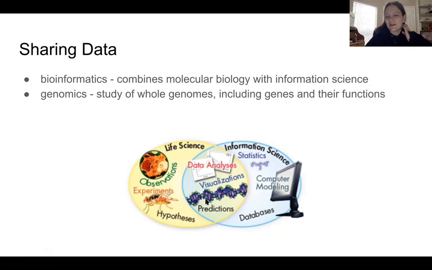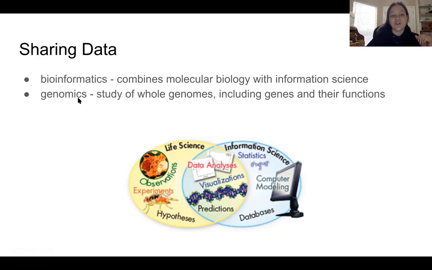So it's using what we're learning with the Human Genome Project and creating predictions and doing a lot of computer modeling and statistics, data analysis, using that to create databases and things where we can share information that we learn about the human genome and about other molecules with whomever might be interested.